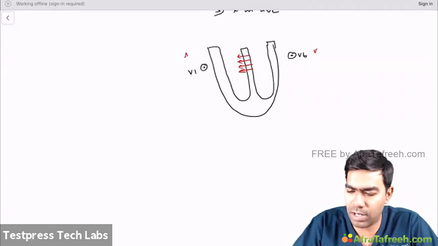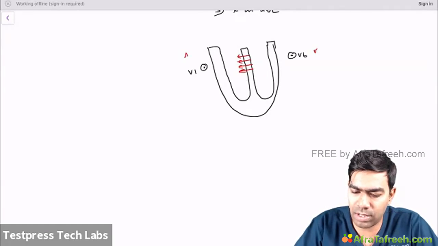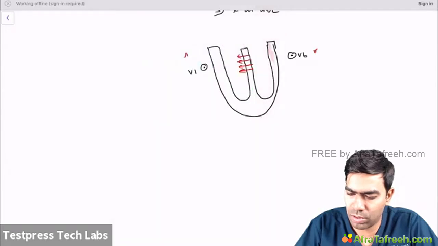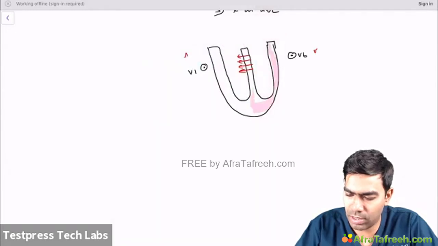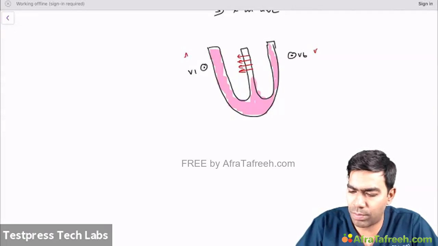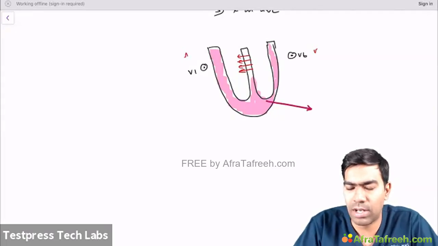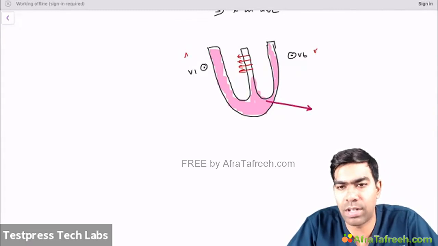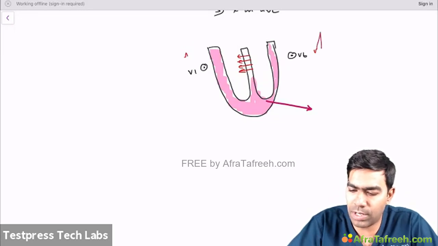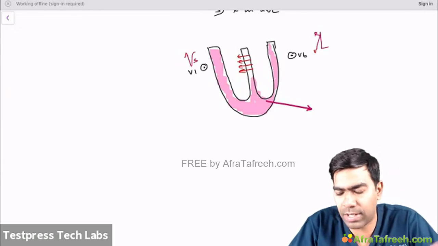Apart from that, once the ventricles depolarize, this ventricular depolarization is going to bring the net force towards the left side, because the left ventricle is more powerful than the right ventricle. That is why you get a bigger R wave and a bigger S wave here. So that magnitude is bigger.